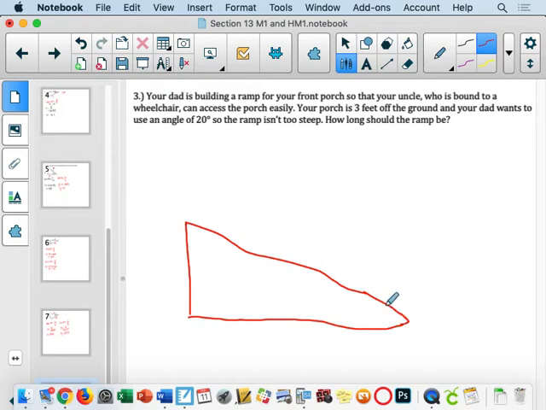All right, so imagine that this is a flat line here. This was where the stairs were in this vicinity, and this is the ramp that we want to have. We want that ramp to be at a 20-degree angle, so it's going to be pretty long and flat. And that porch, the top of the stairs here, they said that was 3 feet from the ground.